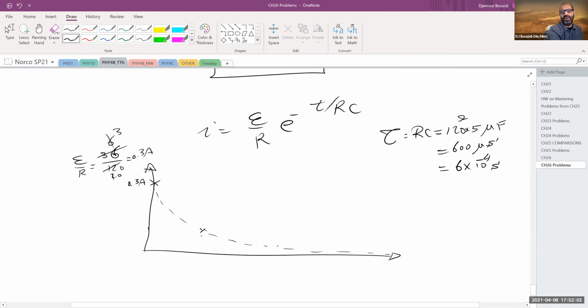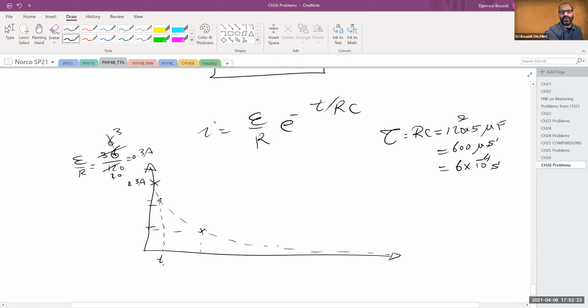At some point now, the voltage is 8 volts and the current has dropped to 0.23 amps. If this is 0.3, so this is 0.1 probably, and this is 0.2, this is 0.23. This is the time. Sorry.